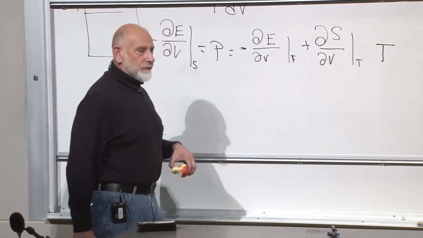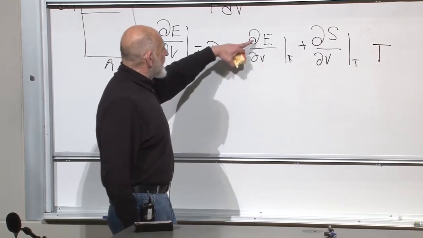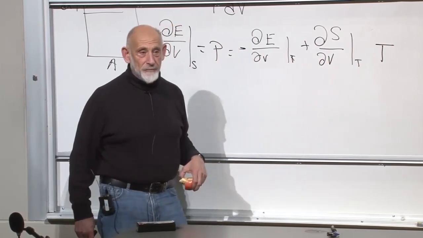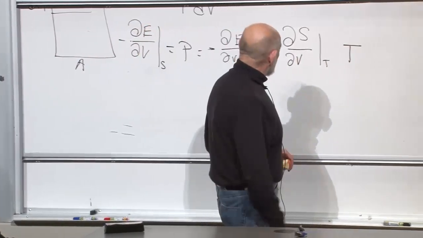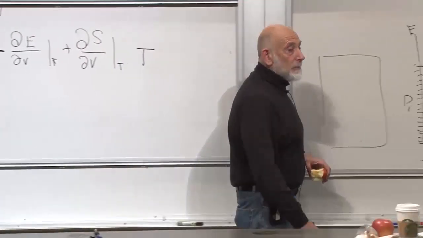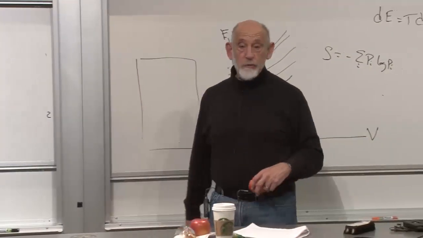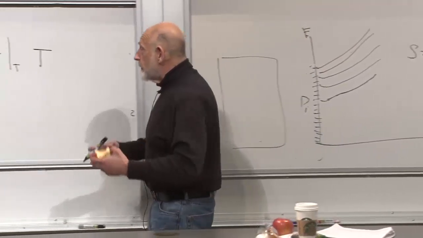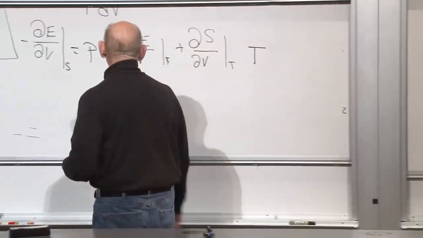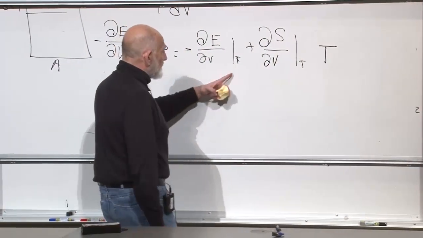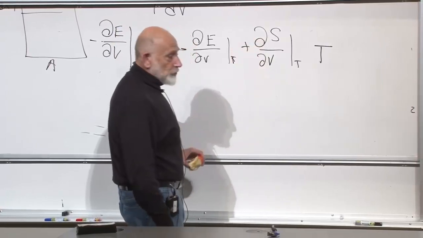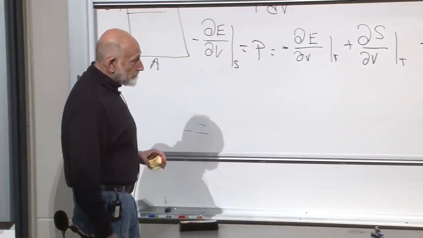Now the only derivatives are derivatives with respect to volume at fixed temperature. That sounds promising. Volume and temperature can be thought of as independent variables, and the only derivatives that appear are sort of familiar things, how the energy changes with respect to volume at fixed temperature, and how S changes with respect to volume at fixed temperature.